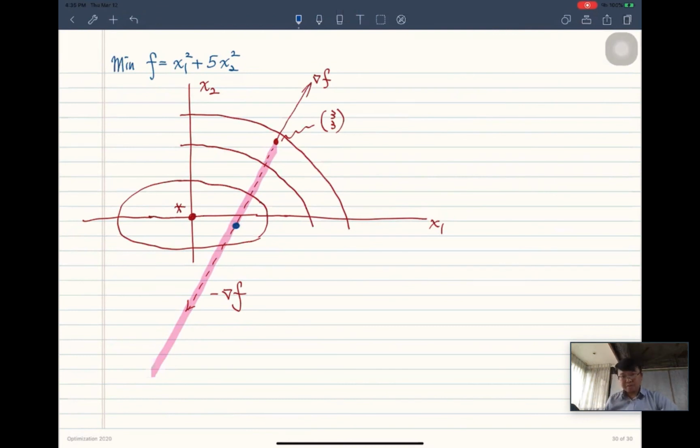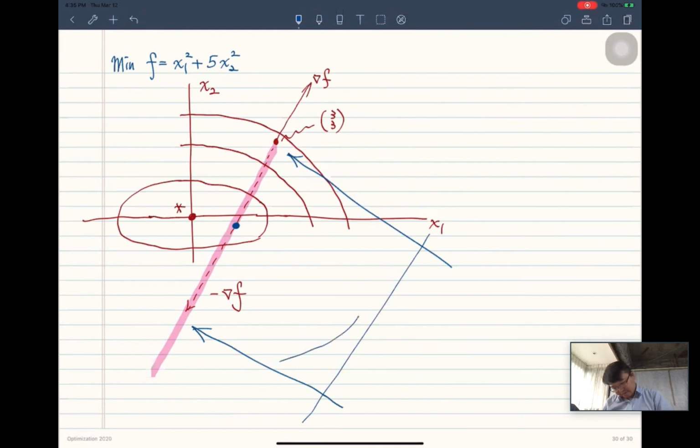If you visualize along this direction from the side, it looks like this, and this is where you have the lowest value of f.